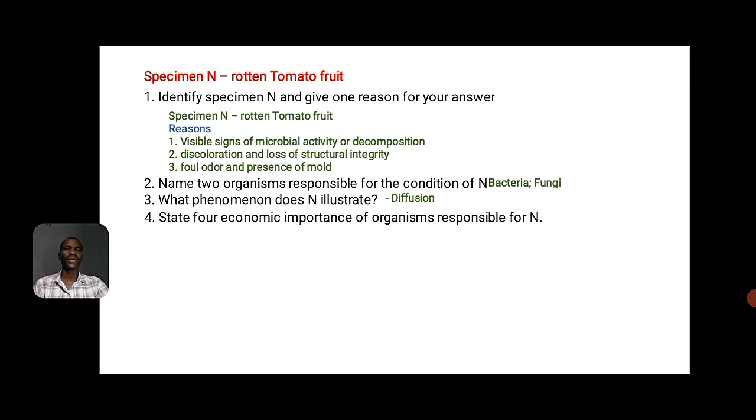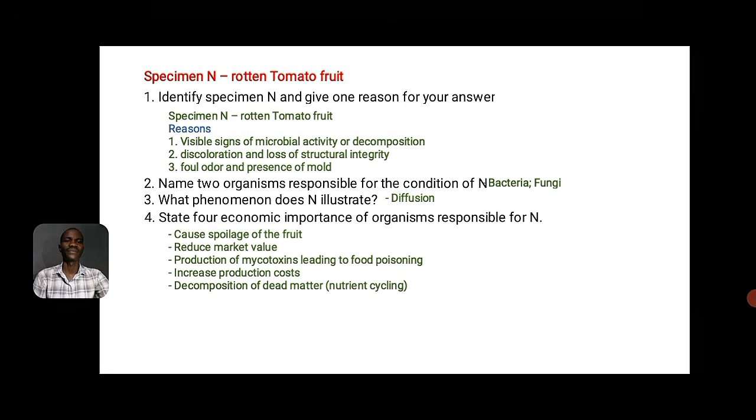So number 4, state 4 economic importance of the organisms responsible for N. Number 1 is that the microorganisms, either bacteria or fungi, cause spoilage of the fruit. They reduce the market value of tomato. They produce mycotoxins or toxins. If it is fungi, it is called mycotoxin.